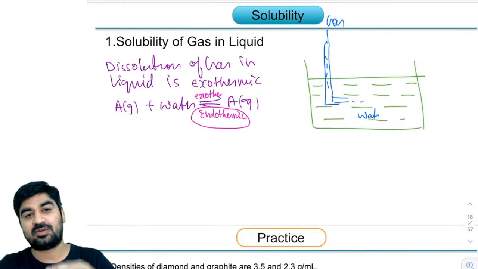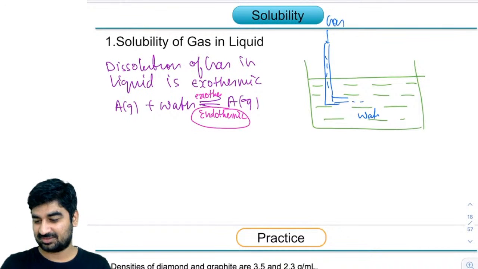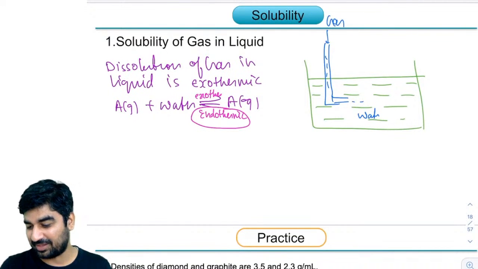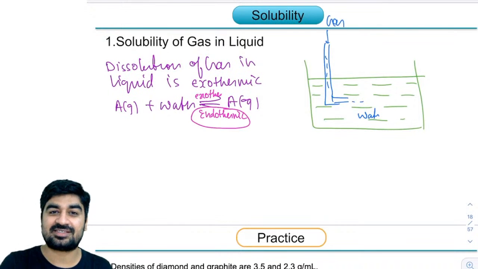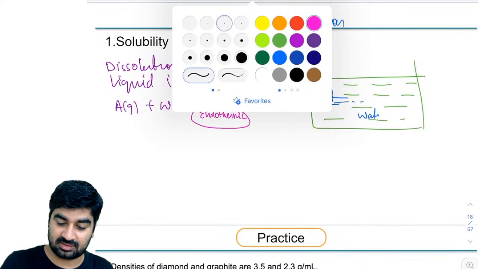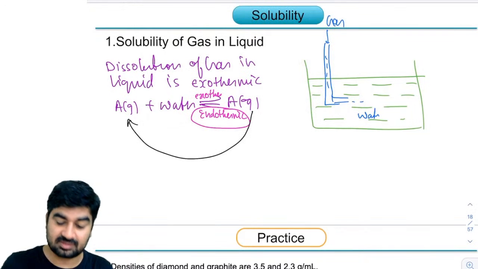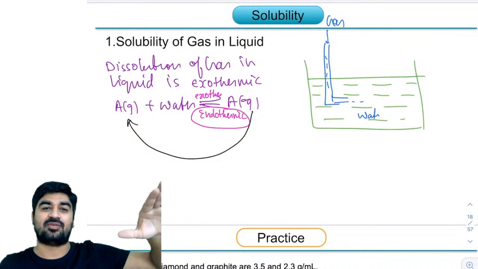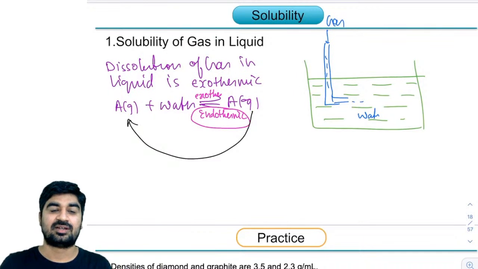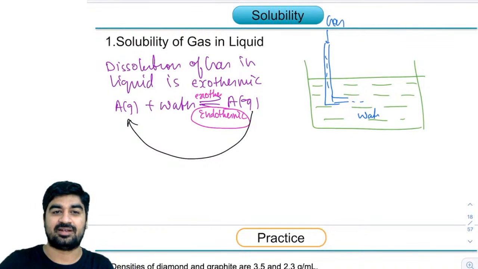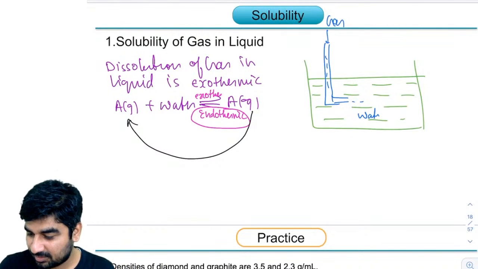Increase in temperature will favor the endothermic reaction, and it means the reaction will move in the backward direction. Got it?